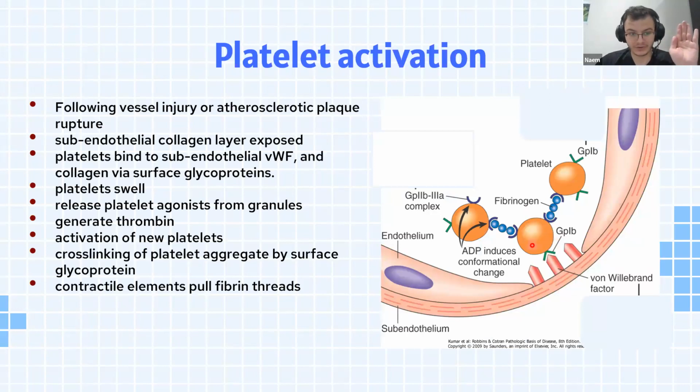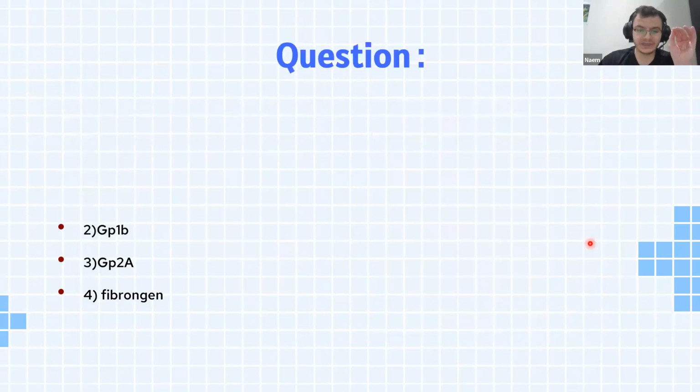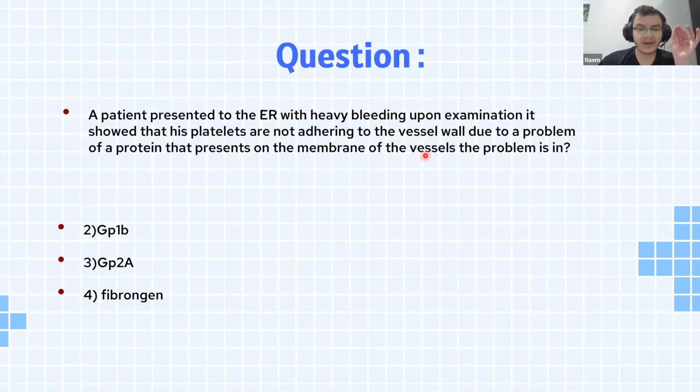But the question is telling you the protein is found on the membrane of the vessel. So which one of these two is found on the vessel is the VWF factor, not the glycoprotein 1b. Both of them are related to adhesion, which is true, but only one of them is found on the membrane of the vessel. So is it clear now?